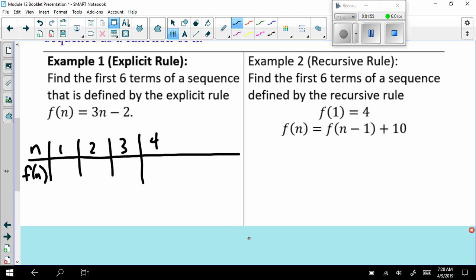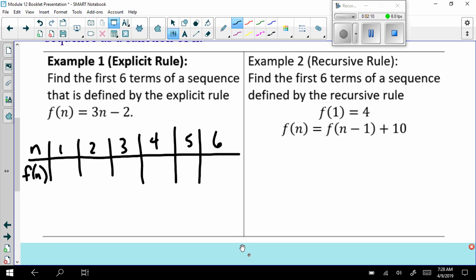So I'm going to do n is 1, n is 2, n is 3, n is 4, n is 5, n is 6. So to do f of 1, I'm going to do 3 times 1 minus 2. So I'm just going into the function, taking out the n, plugging in 1. So I get 3 minus 2, which is 1.